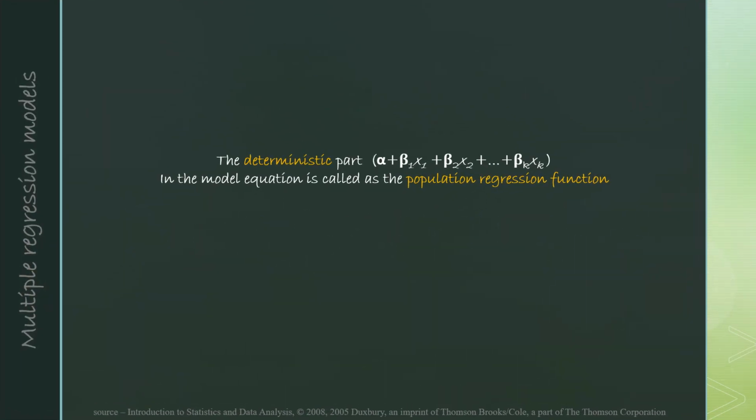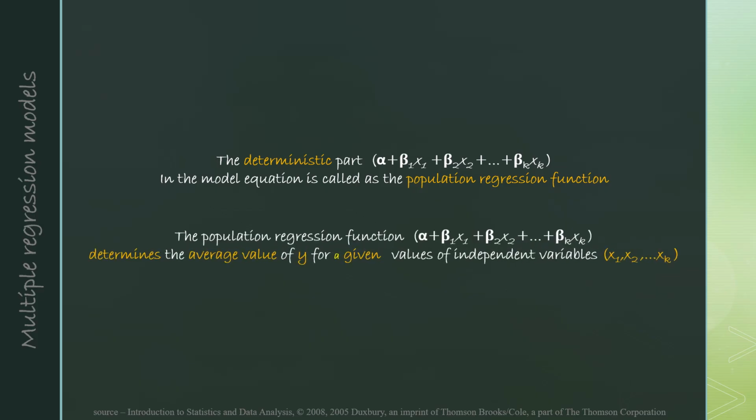The deterministic part, alpha plus beta 1 multiplied by x1 plus beta 2 multiplied by x2 plus and so on plus beta k multiplied by xk, in the model equation is called the population regression function. The population regression function determines the average value of y for a given set of values of independent variables x1, x2 and so on up to xk.